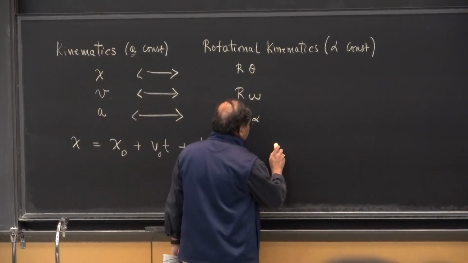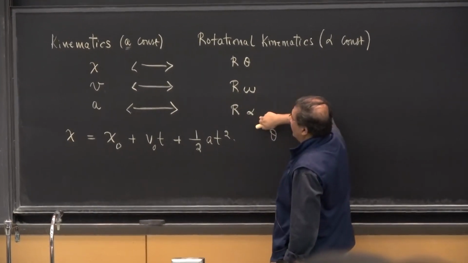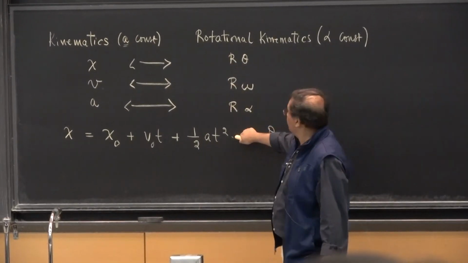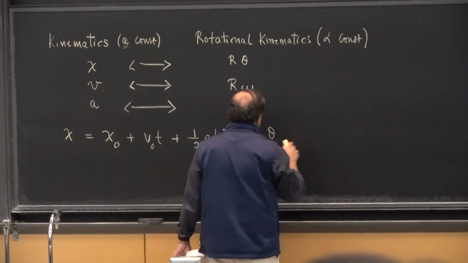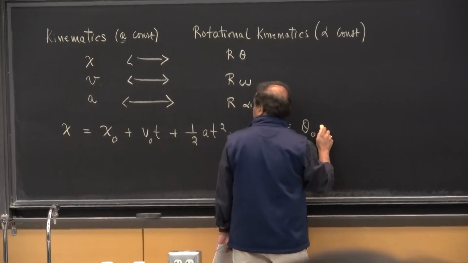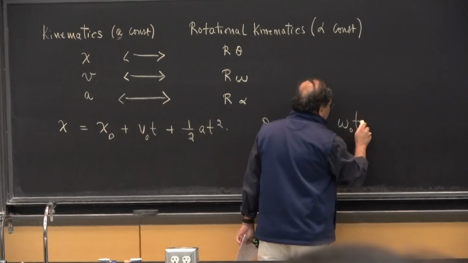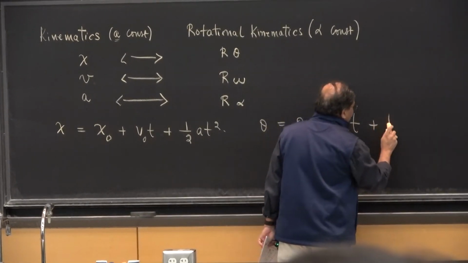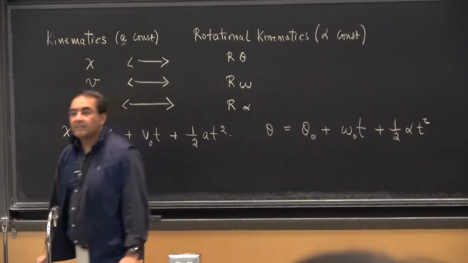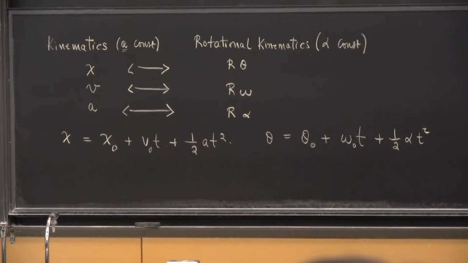Well, it's theta, omega, and alpha, just like x, v, and a. But to relate to x, v, and a, you've got to multiply with r. That also makes them dimensionally correct. So I can write this as theta equals theta 0 plus omega 0 t, the analog of v0 being some initial angular speed, plus 1/2 alpha t squared. So the first formula of rotational kinematics pops right out by analogy.